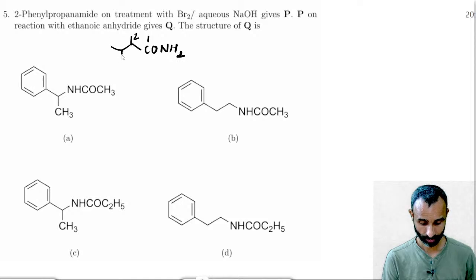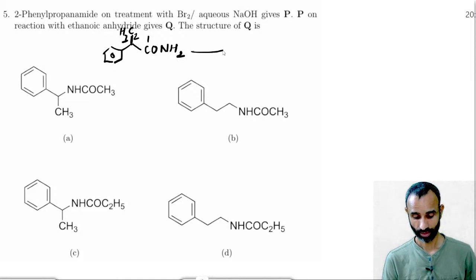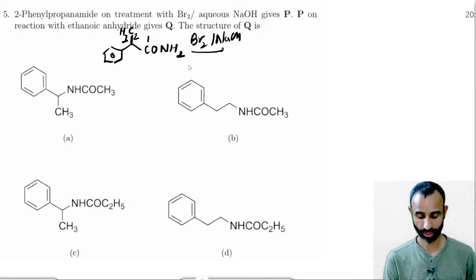So it is like this, there is CH3. Now with Br2 and NaOH, it is the Hofmann bromamide degradation.